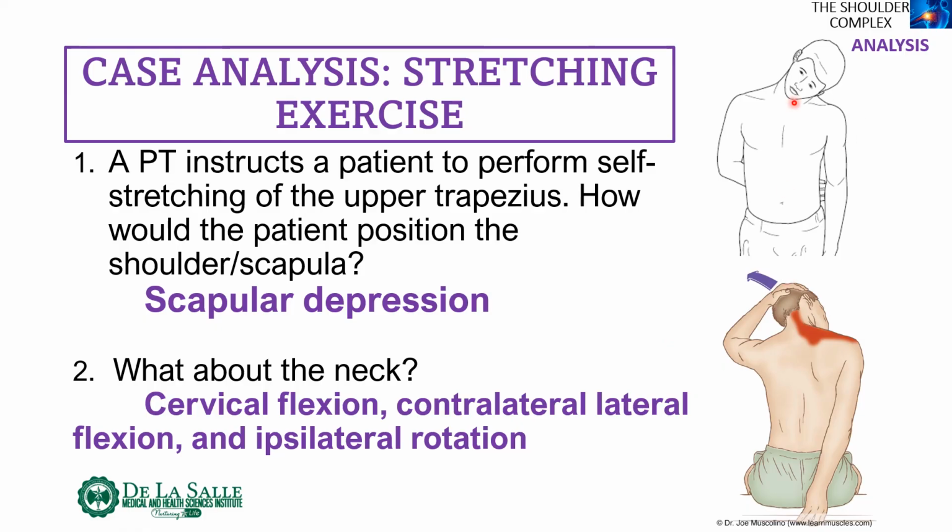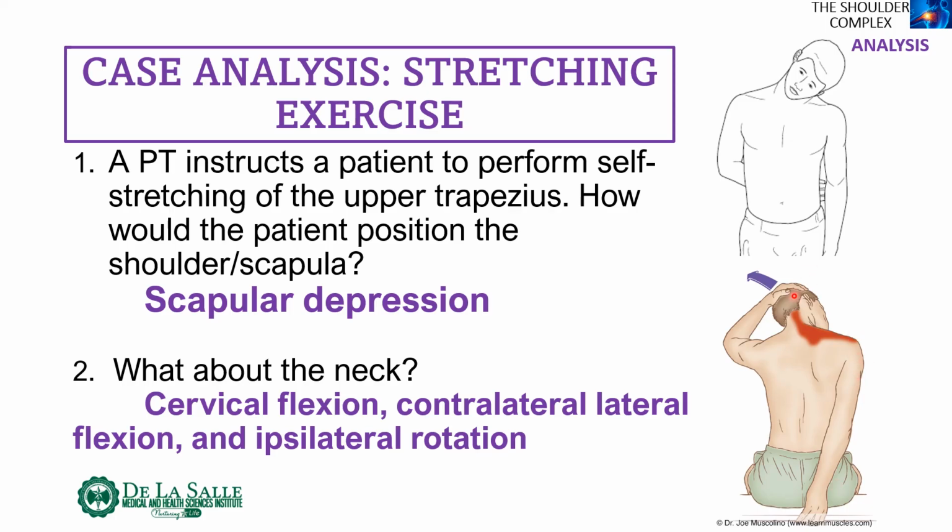So for example, if you are to stretch the right upper trapezius, first you provide scapular depression. That is very important, either by a physical therapist or if it's self-stretching, like this one. That's why the patient is holding on to the table to promote the scapular depression.